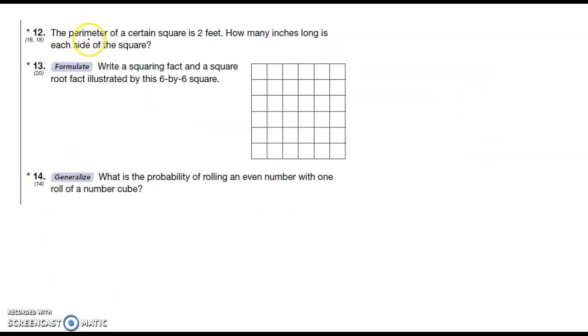All right, number 12. The perimeter, so this is the outside measure, of a certain square is 2 feet. How many inches long is each side? Okay, so we've got some units here we've got to take a look at. Let's go ahead and draw our square so we can see what it looks like. That's a square. And the perimeter is 2 feet.